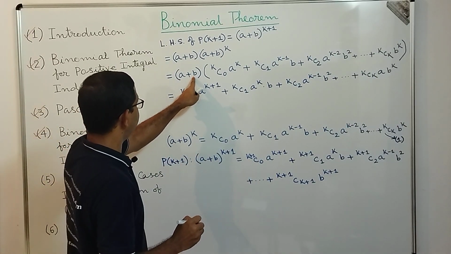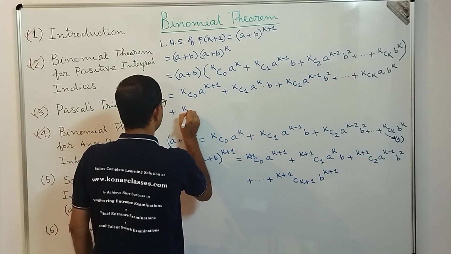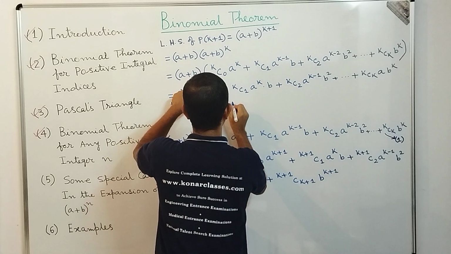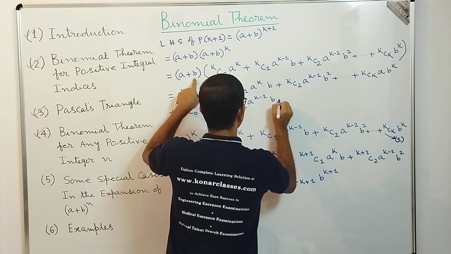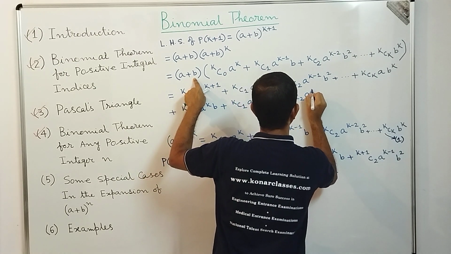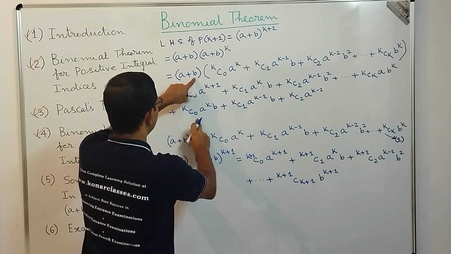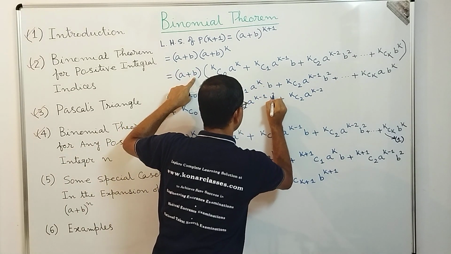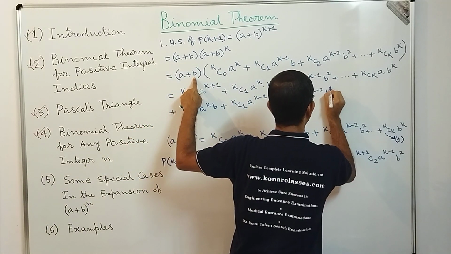We need to multiply the b into all these terms. Correct? So b into kC0 into a^k, that is equal to kC0 into a^k into b, plus kC1 into a^(k-1) into b square, because b into b, plus kC2 into a^(k-2) into b^3.